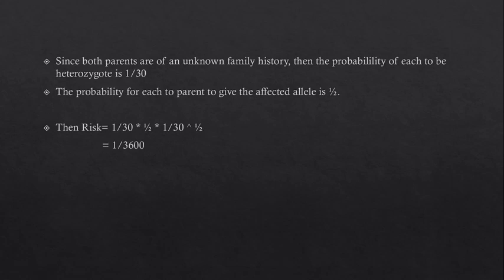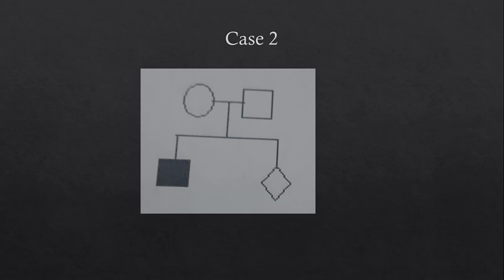So in this case, the risk for this couple to have an affected child is 1/3600. Second case, as you can see in this pedigree, we are still with two parents of an unknown family history.